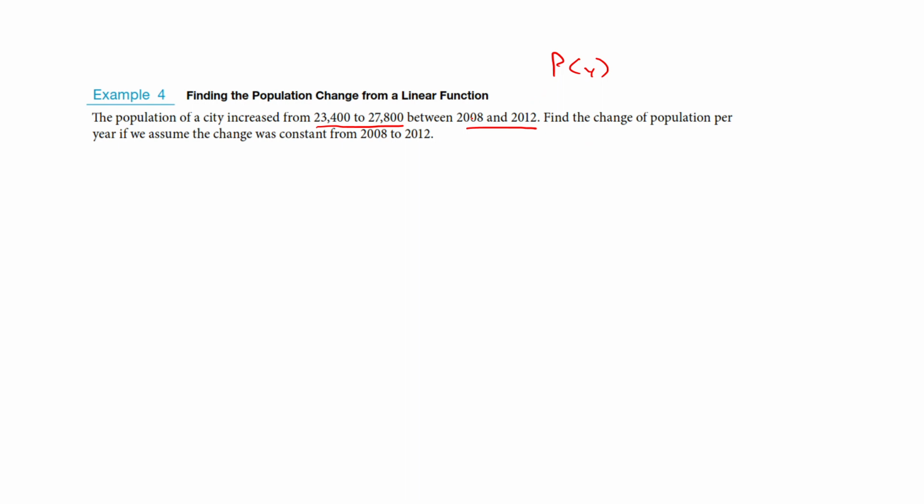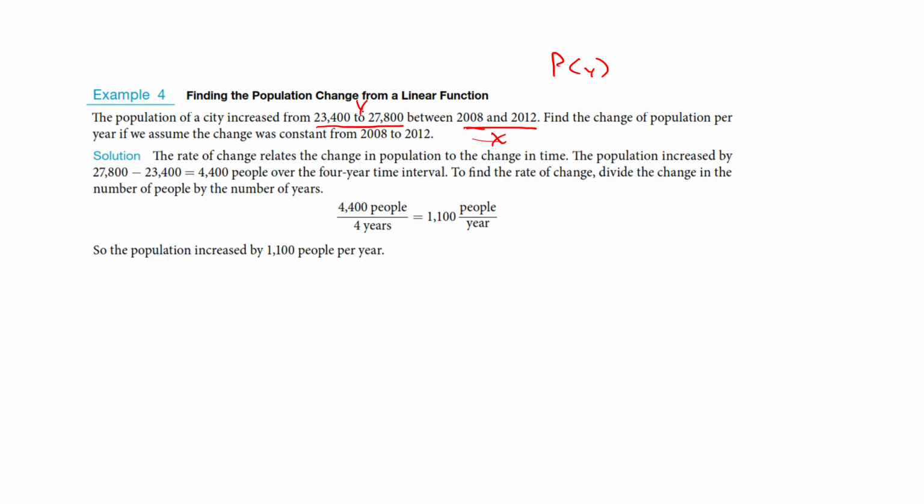My only point here is that it might be hard to decide what's the x and what's the y. Well, the year is telling the story. The y is the population responding. So if this is the independent variable, this is the dependent, so this is the x and this is the y. Now, what they're doing here is they're simply giving us change in y over change in x. We're finding the slope.